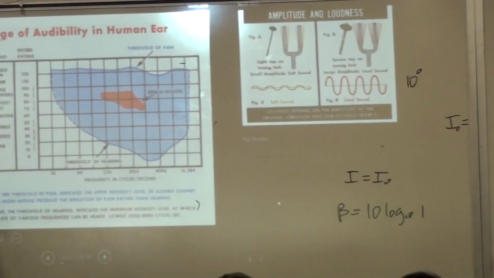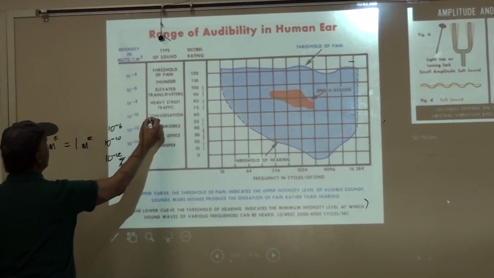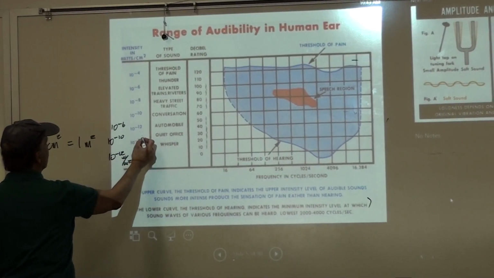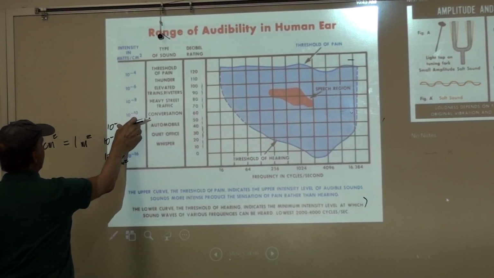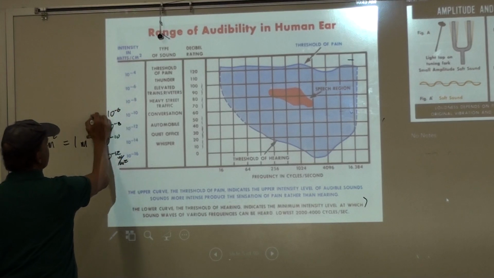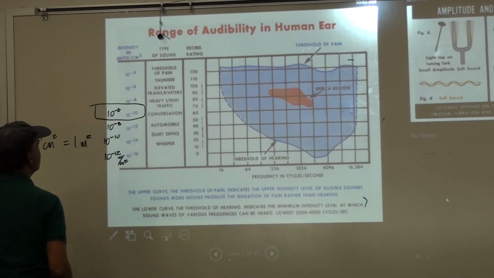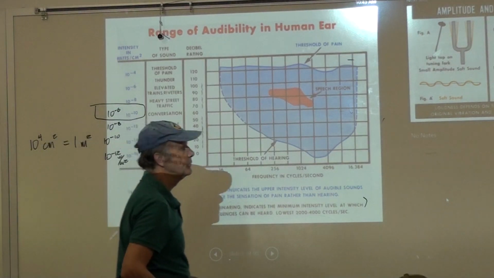Okay, if you have normal human conversation, that might be somewhere around, well, this is 10 to the 10, this would be 10 to the 8, this would be 10 to the minus 6. So for normal human conversation, let's see how many decibels that would be.